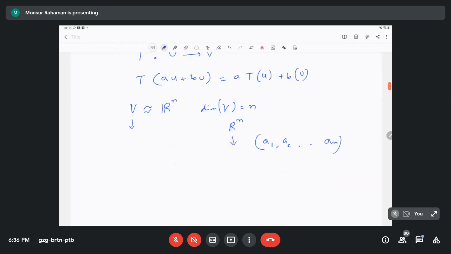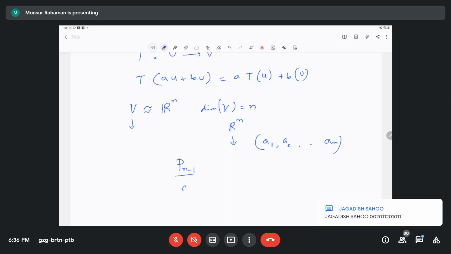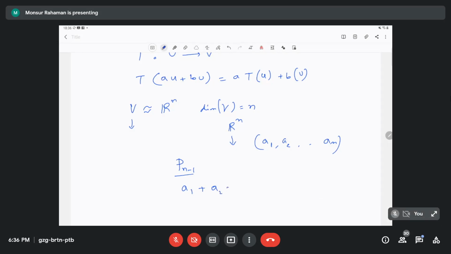Okay, and suppose P is the space of all polynomials whose degree is less than or equal to n minus 1. So for that you can read as a0 plus a1x plus a2x square plus a3x cube, dot dot, an x to the power n minus 1.